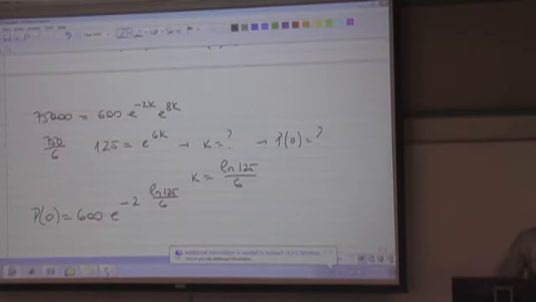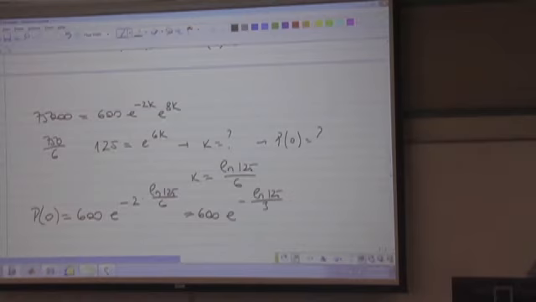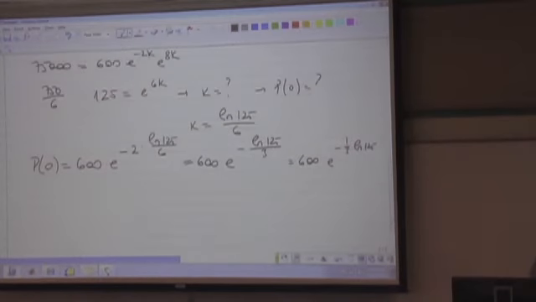Anyway, the idea is you have to be a little creative with things, but as it turns out, it's actually very nice, because this is just minus ln of 125 over 3, which is the same thing as 600 e to minus 1/3 ln of 125, which equals 600 e to ln of 125 to the negative a third.